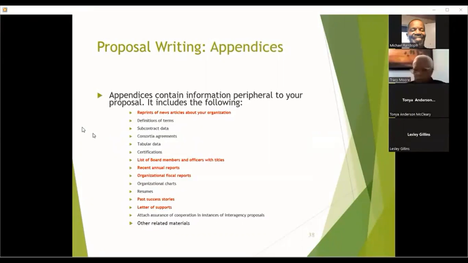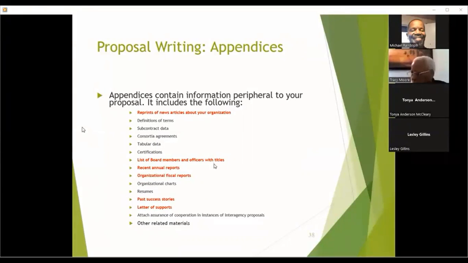And then the appendix. This is where you put down information that they're going to need about your organization. For example, any news articles, list of your board members and officers, any recent annual reports, organizational financial reports, past success stories, and letters of support should be part of the list of things you're going to need for your appendix.